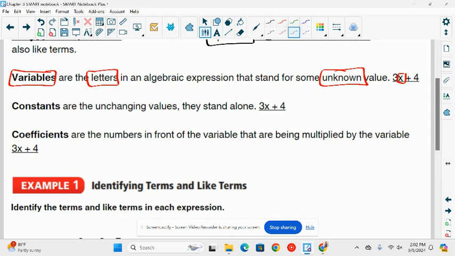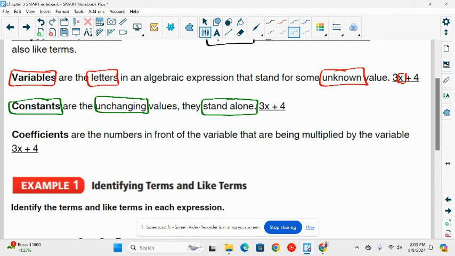Then we have our constants, and your constants stand alone. They're constantly all by themselves, and because they're all by themselves, they're unchanging. The thing about constants is they are what they are. They do not change.